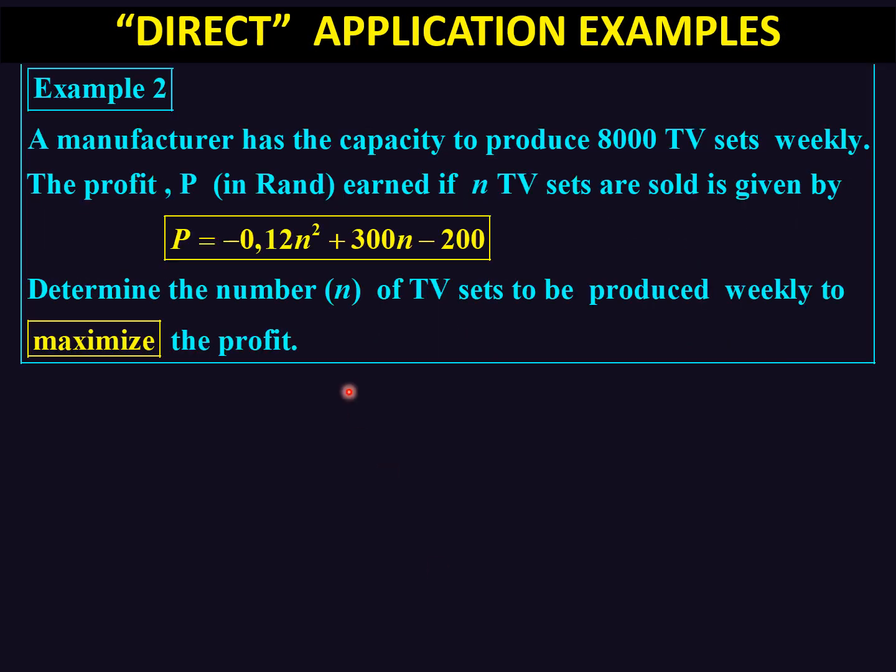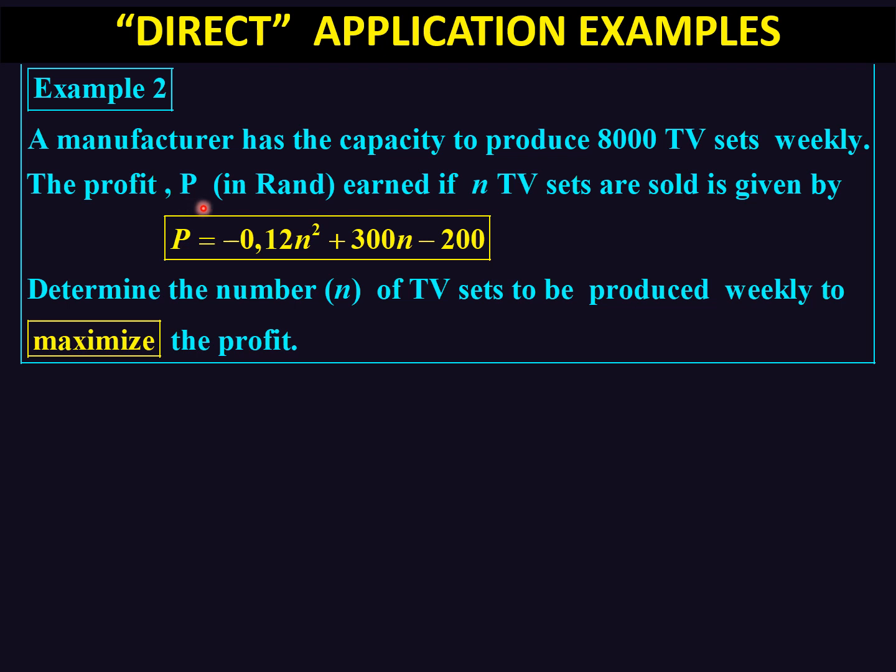Let's proceed to another question now. A manufacturer has a capacity to produce 8,000 TV sets weekly. What does that mean, a capacity to produce? In other words, you can produce up to 8,000 or you can produce less as well. So here we have a constraint: can produce between 0 and 8,000 TV sets.